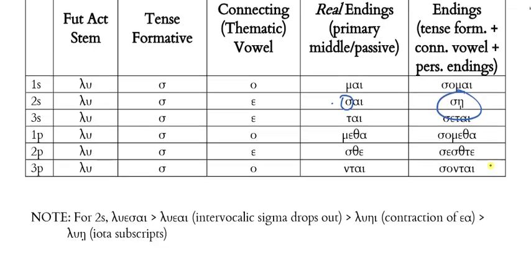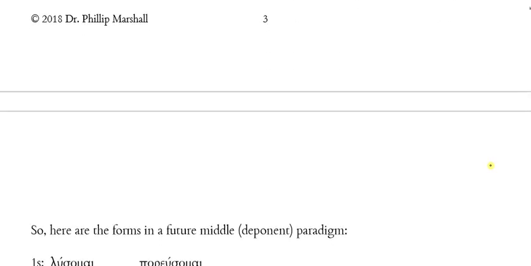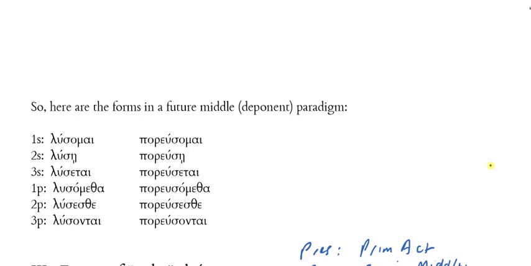You're going to get that eta with the eta subscript. So let's just read the forms here real quickly. Lusomai, luse, lusetai, lusometha, lusesthe, lusontai. And then poreuomai would look like this in the future.